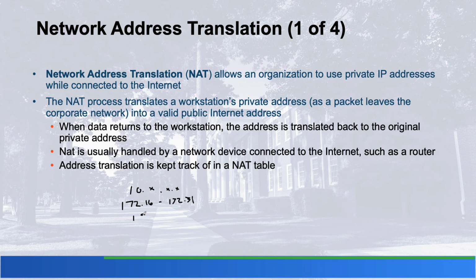Wouldn't it be nice if we can use these ranges on the internet? Or not use them directly on the internet, but give those people with those private addresses some kind of access to the internet. Okay. So we might have 256 computers on our network with these private addresses, but usually only 10 of them are connected to the internet at the same time.